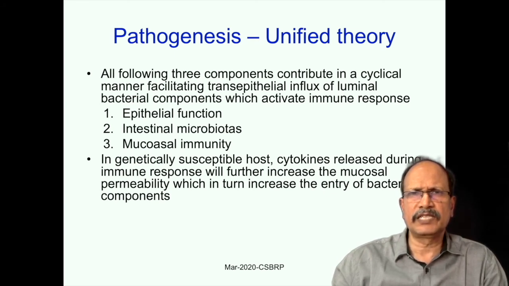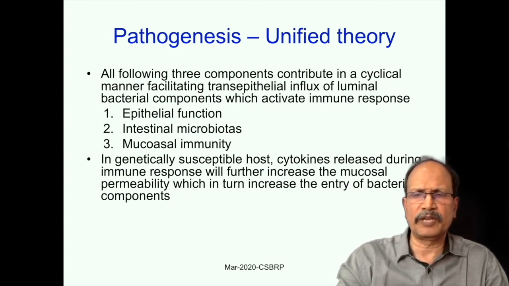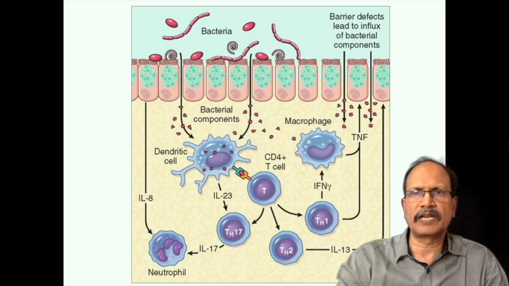Once there is increased permeability, bacterial components enter into the subepithelial region, and the immune response cells react in an abnormal fashion, producing cytokines, which again go and attack the overlying epithelium, further increasing the permeability. And ultimately, the microbiota also plays a role in production of this inflammatory bowel disease. So again, the same diagram.